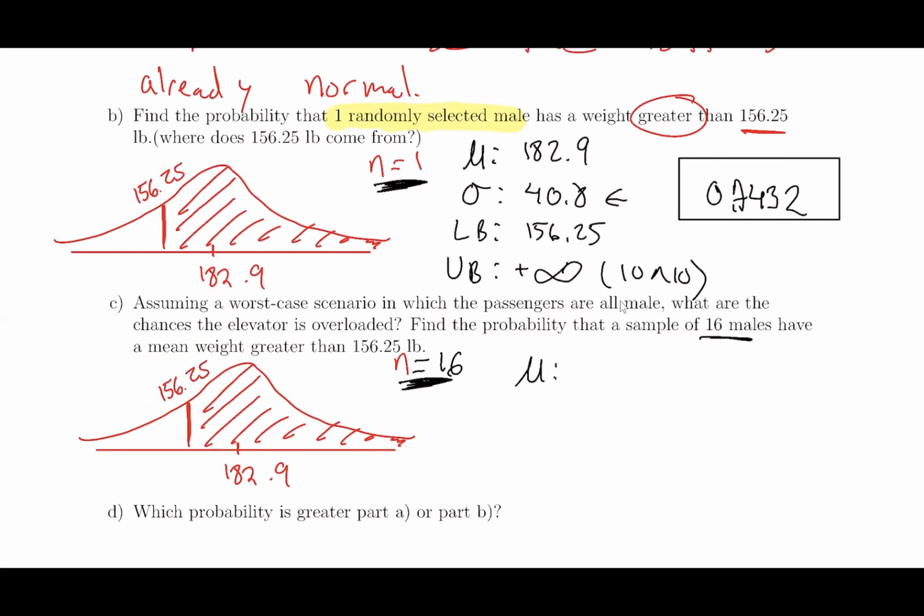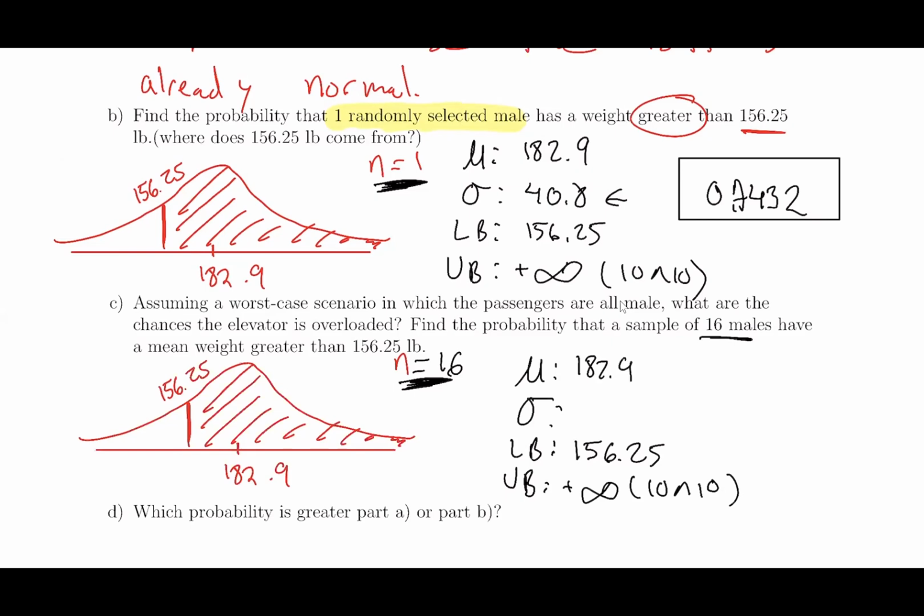So now we have to adjust our sigma. But the lower bound and the upper bound will remain the same. So we'll say lower bound is 156.25. Upper bound is positive infinity or 10 to the 10 power. Mu will be 182.9.